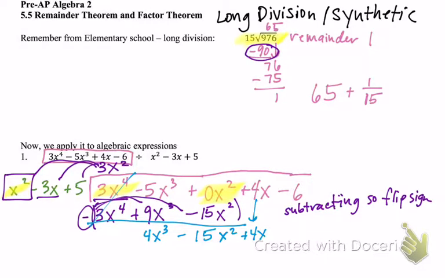Now I think, okay, so what is going to go from x squared to 4x cubed? It would be plus 4x. So when I take this 4x, I'm going to multiply it by x squared.